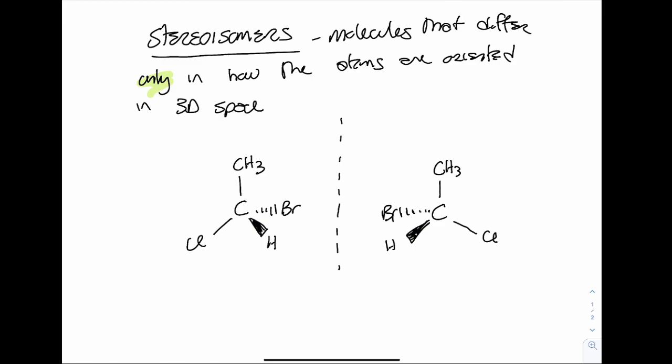If I tried to superimpose them on top of each other, I couldn't do it. It would be like my hand example. If I wanted to get the bromines and the hydrogens to line up, then my methyl groups and my chlorines wouldn't. So these are mirror images that are not superimposable.